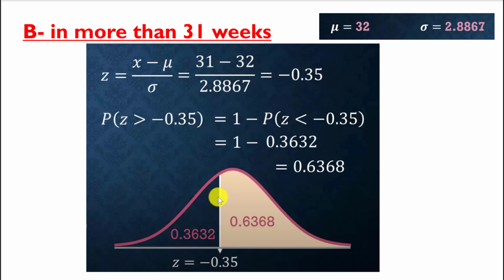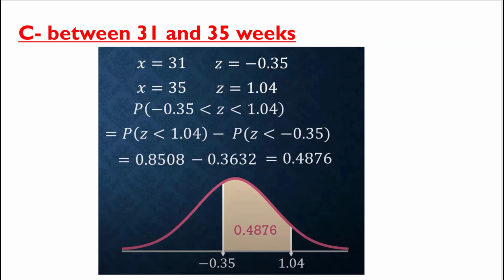The area less than negative 0.35 equals 0.3632 from the table. If we need to calculate the area greater than negative 0.35, we subtract from 1. So the area greater than negative 0.35 equals 0.6368.